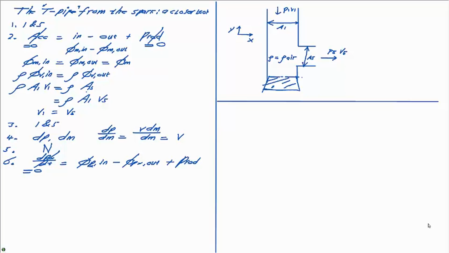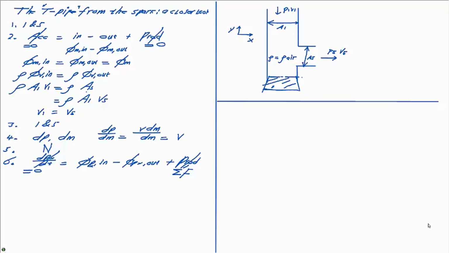The production of momentum is equal to the summation of forces in the x direction. Only forces in the x direction can create x momentum.